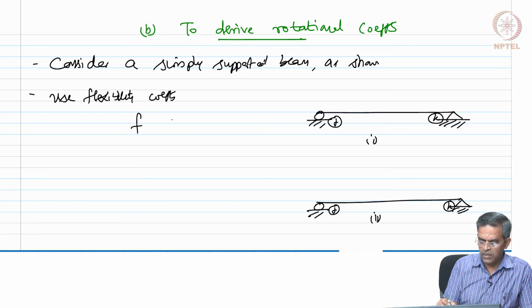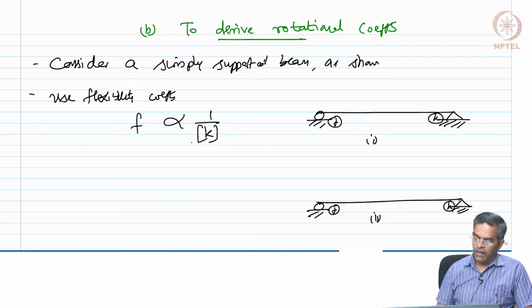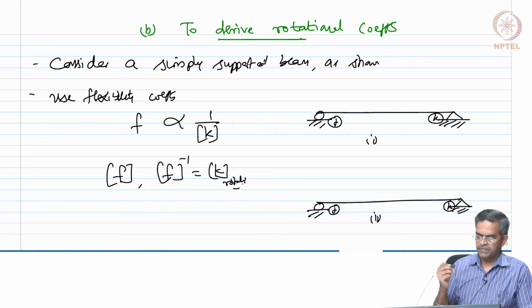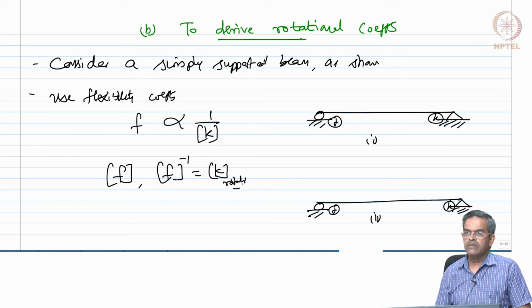I know flexibility and stiffness are inversely proportional, we know that. So, I will find the flexibility coefficient matrix and invert it to get the stiffness matrix, which is rotational matrix. To do that, I want to give, let us say, unit rotation.